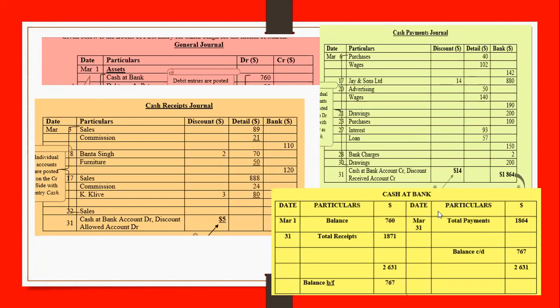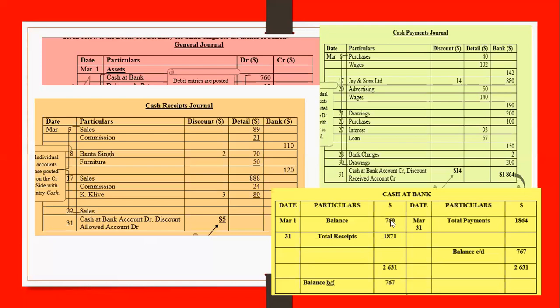Back to the general journal. The general journal says same side posting, so that means from the debit column to the debit side of the ledger account. So 760 from the debit column goes to the 760 on the debit side of the ledger account.